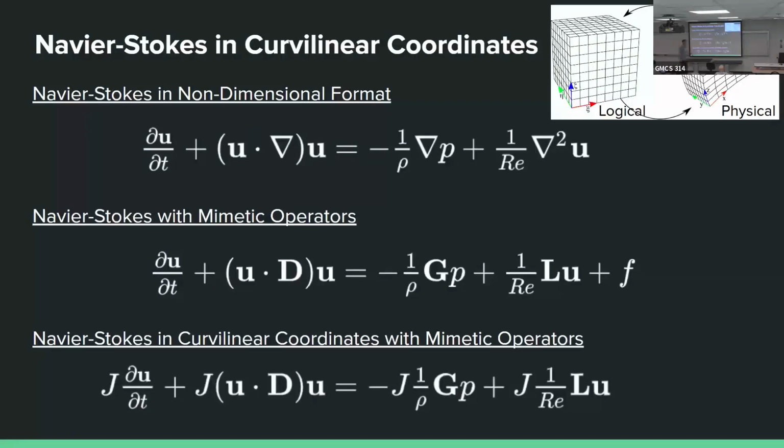And if I want to do it in curvilinear coordinates, if I have some sort of messed up physical grid, usually what we would have to do is convert your math with some sort of Jacobian to logical space, a uniform grid spacing, do math there, and then convert it all back to your physical grid to see what's actually happening.